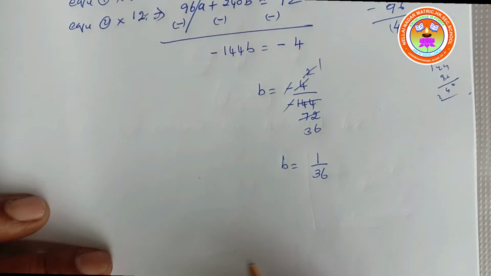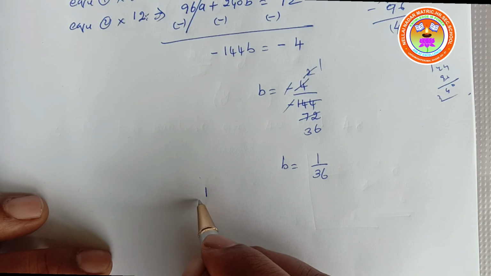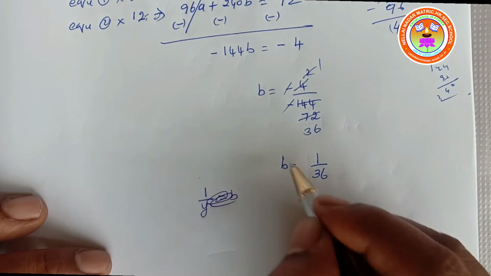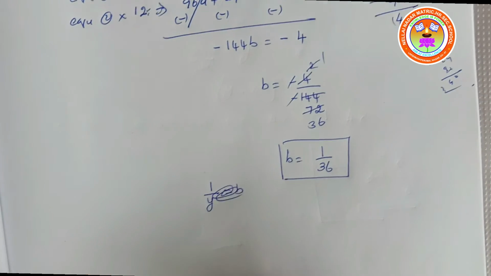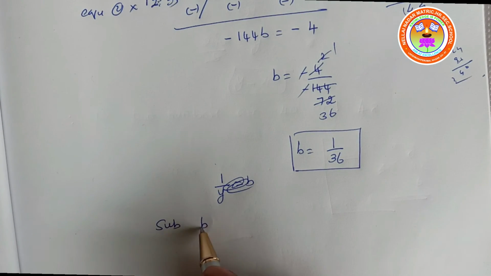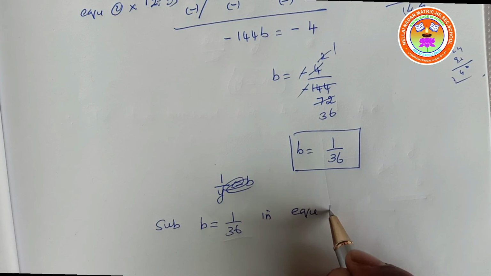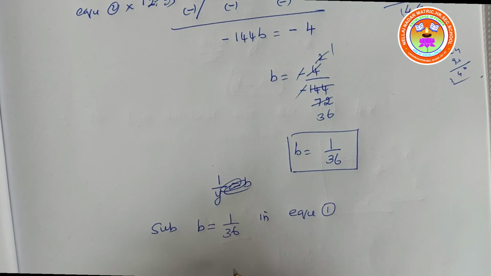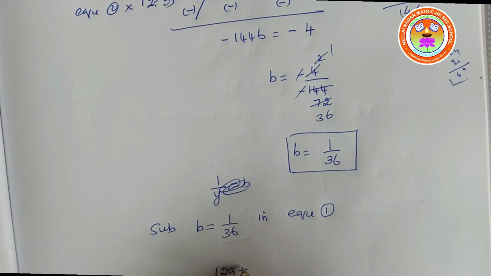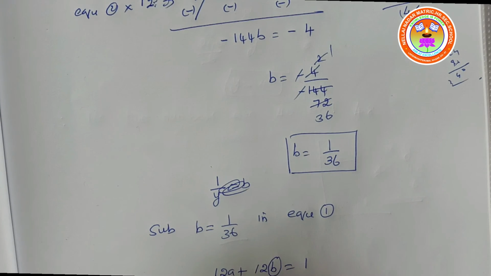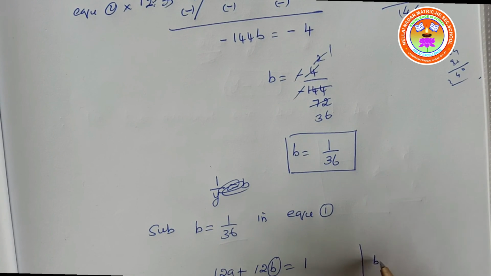It's clear, children? So we know that 1 by y we consider as b, right? So we have b equal to 1 by 36. Now substitute b is equal to 1 by 36 in equation 1. Equation 1 is what? 12a plus 12b is equal to 1. 12a plus 12 into b value, 1 by 36, equal to 1, right?